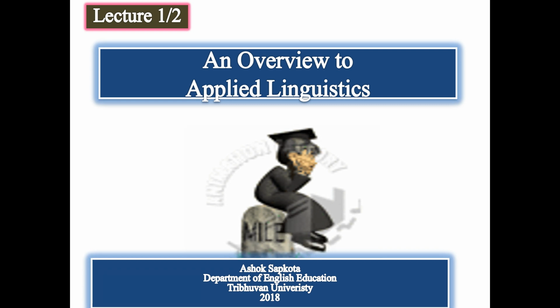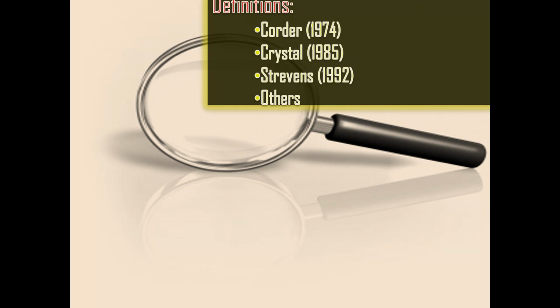Basically, in this video lecture, we'll be discussing different topics. We'll start with the definitions of what applied linguistics is, ranging from Kohler 1974, Crystal 1985, Stevens 1992, and other scholars.